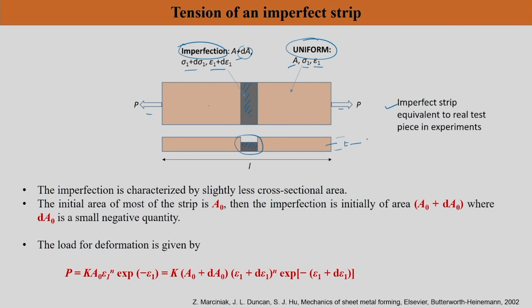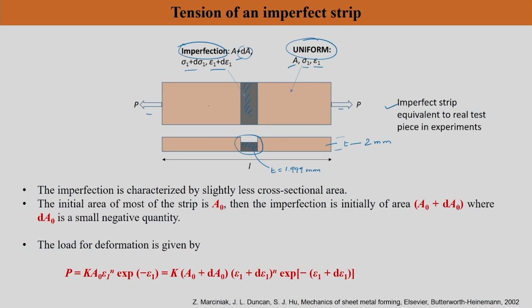Suppose this thickness is, let us say, 2 mm, then the thickness in this region could be, let us say, 1.999 mm, something like that. So, there is a small imperfection here, that is the meaning.